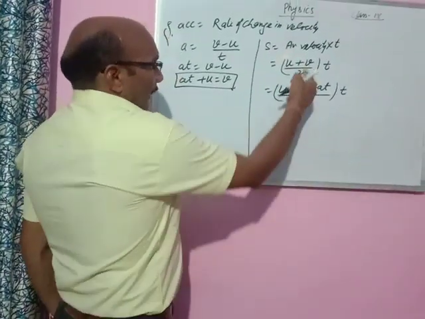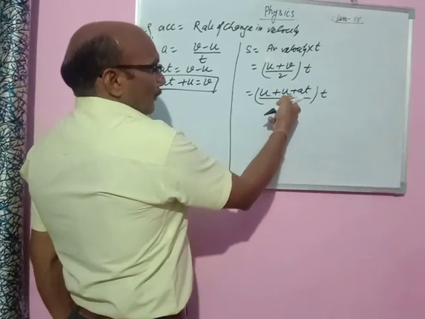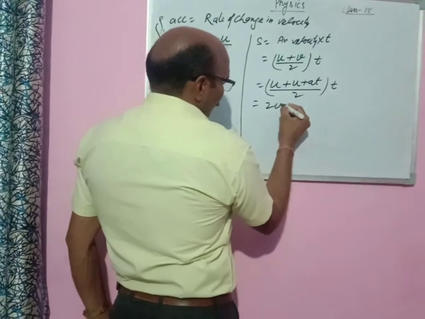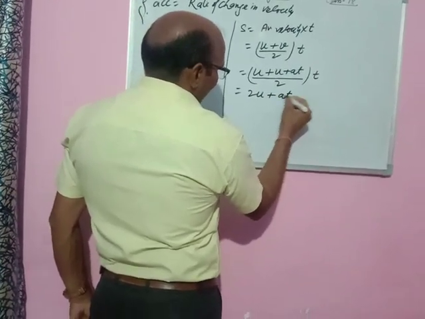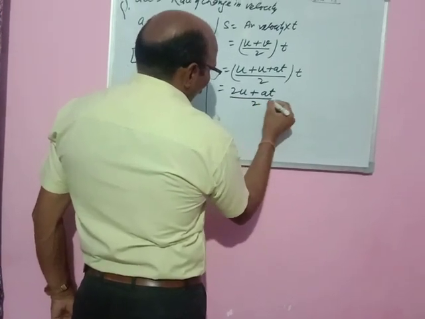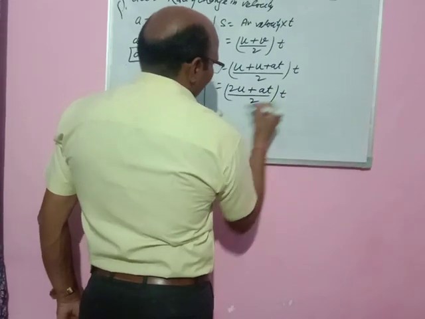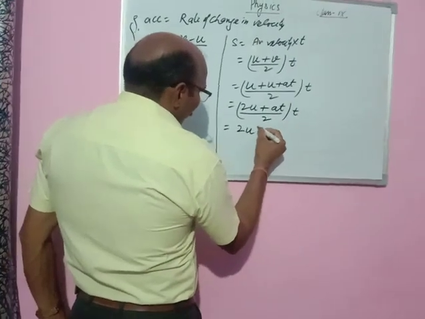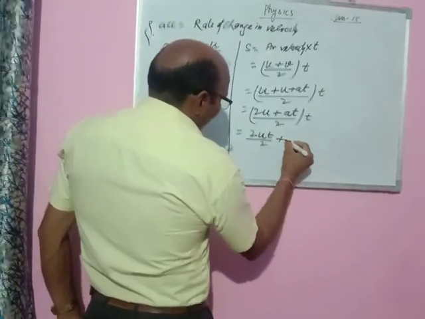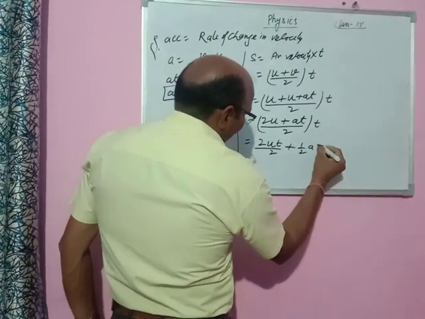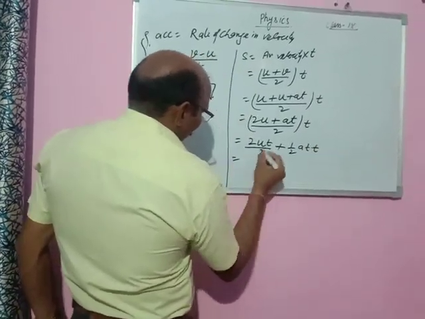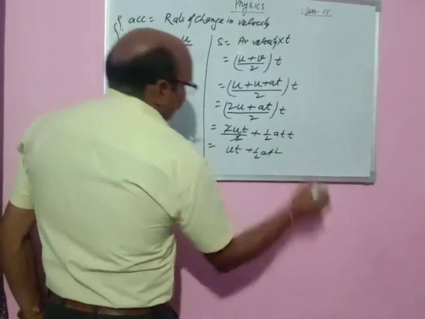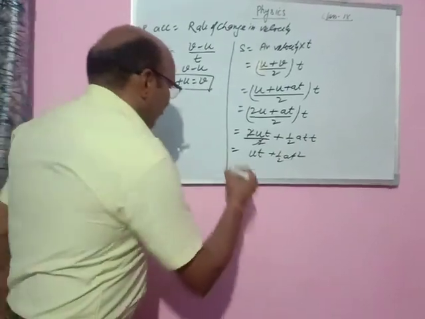From the first equation, v equals u plus at, so in place of v we write u plus at. So now this is 2u plus at upon 2 into t, which is 2ut upon 2 plus 1 upon 2 at into t. The 2 cancels out: ut plus half at square. The second equation is also derived algebraically.